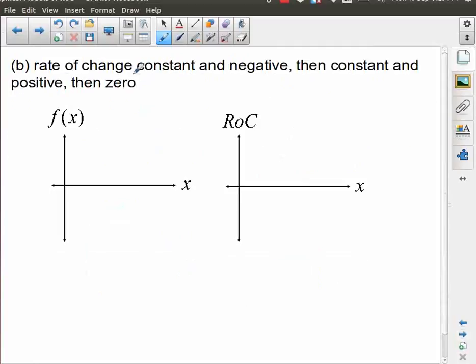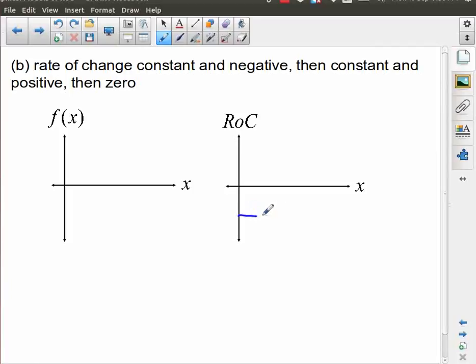The rate of change is constant and negative, then constant and positive, then zero. This next example starts by talking about the rate of change. The rate of change is constant and negative. That brings me over here. I'm just going to freehand this in this time, see if I do a reasonable job. I don't particularly like that line tool because of the limits on the colors.